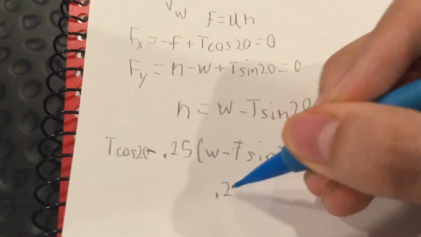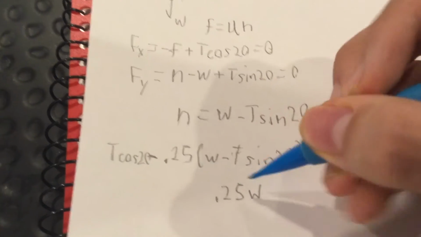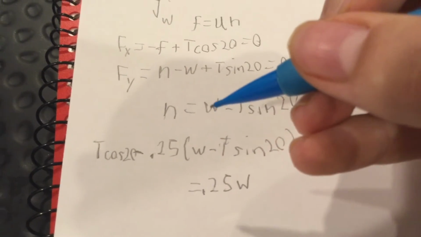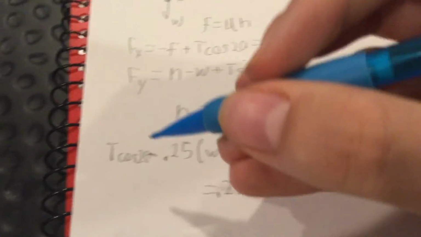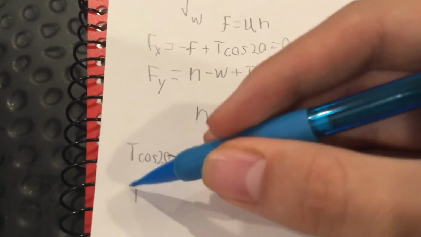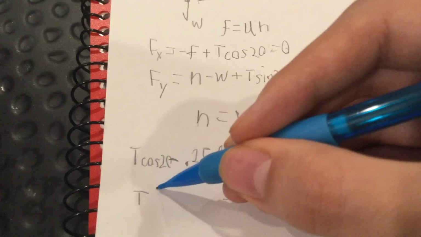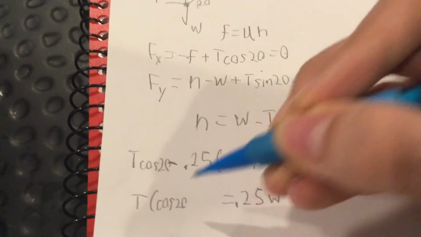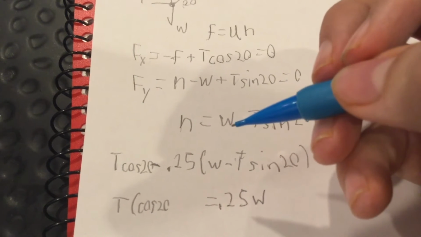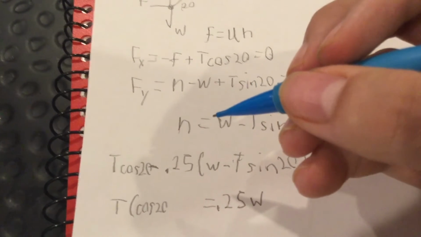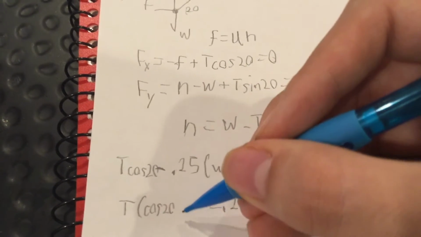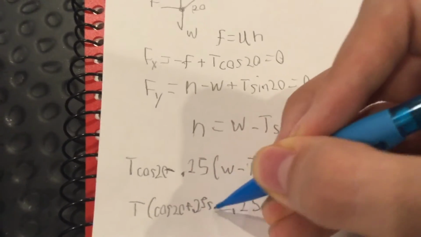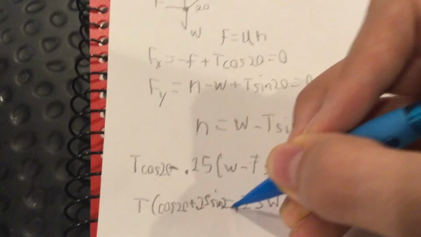So it's 0.25 W equals, then we can take out the T and do cosine 20 plus 0.25 sine 20.